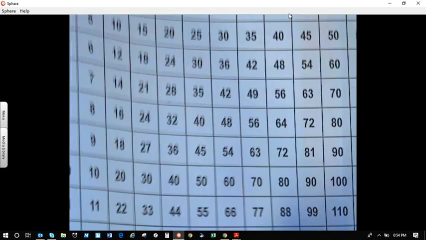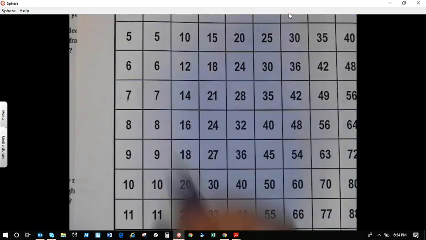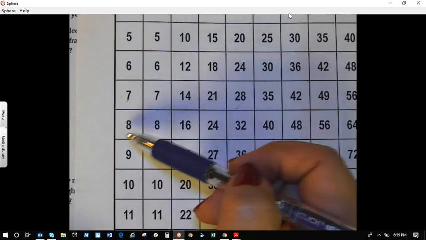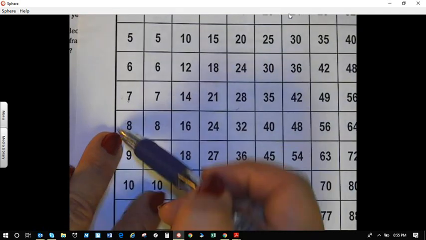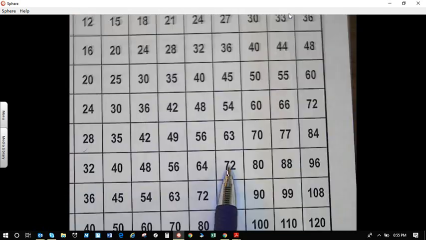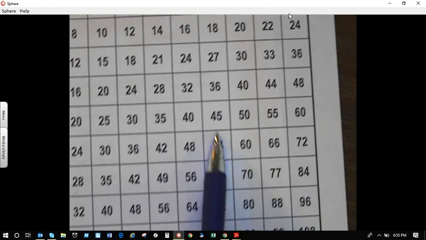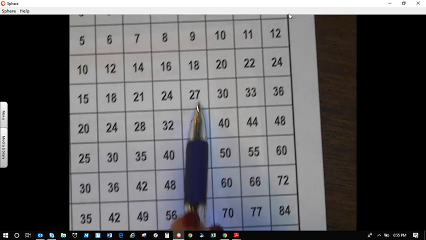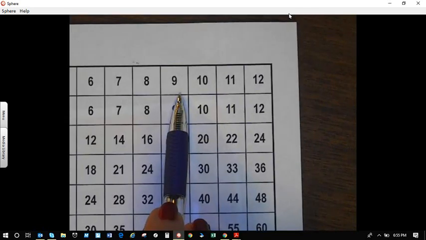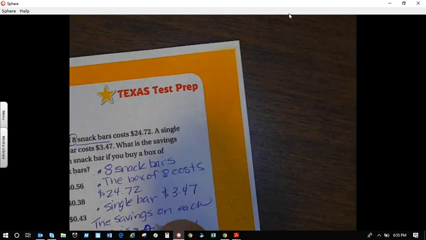Those of you that are still struggling, go all the way over to the last column. Then you find your 8, and you're going to go across till you get to 72 or closest to. Well, there you go. And so now I'm moving up, move up, move up to 9. Wow.